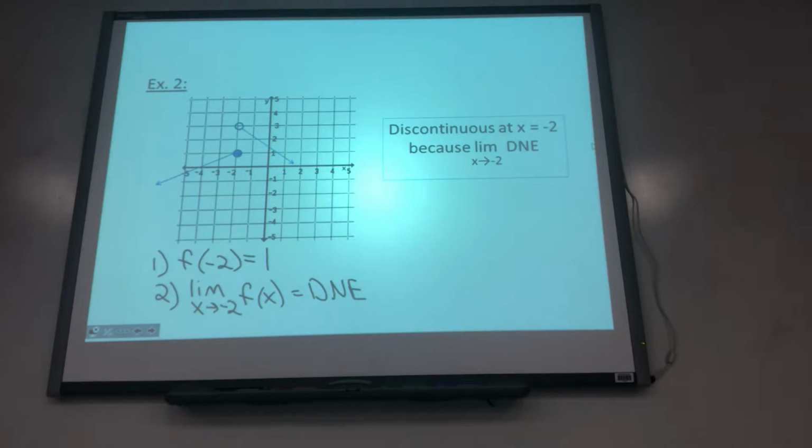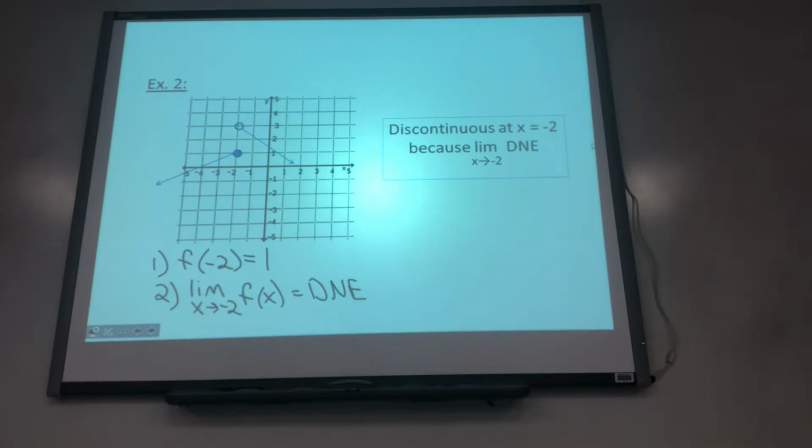I would say it's discontinuous or not continuous at x equals negative 2 because the limit as x approaches negative 2 does not exist. It's not enough just to say that it's not continuous at negative 2.